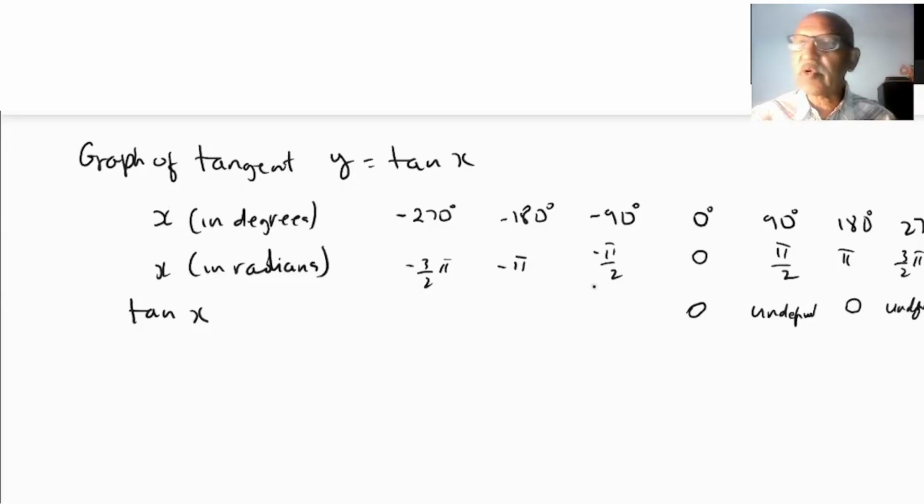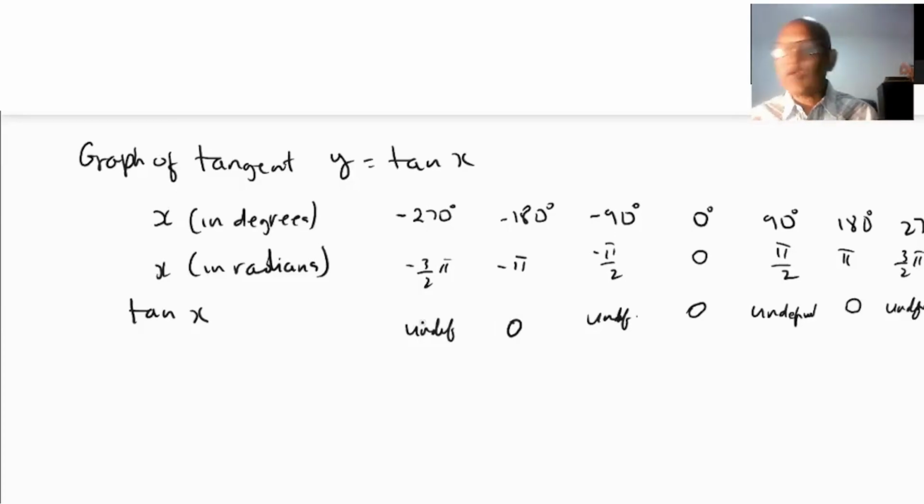So the same way, we'll see that tangent of minus 90 is undefined. And then tangent of minus pi is 0. And then this will be undefined. Okay, so we have these basic points here.